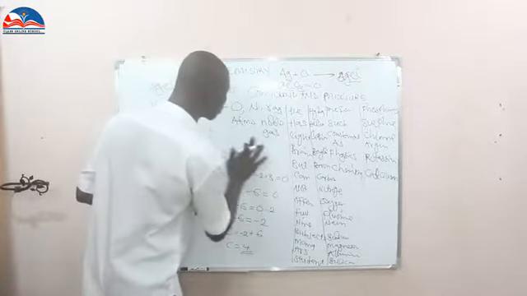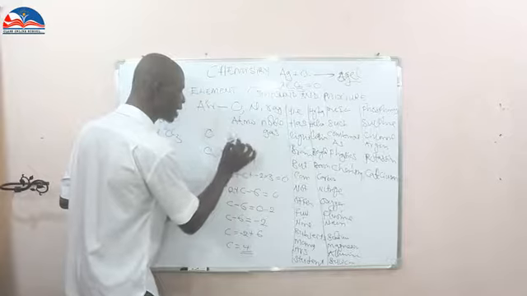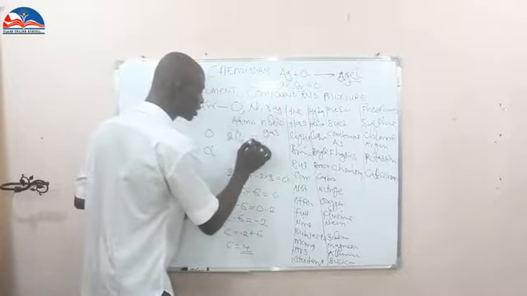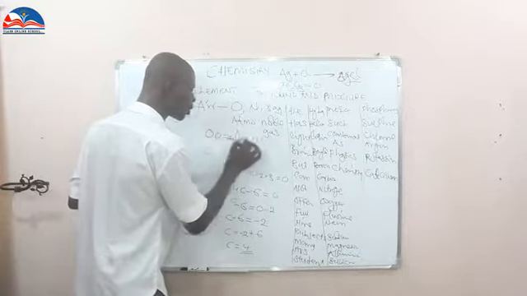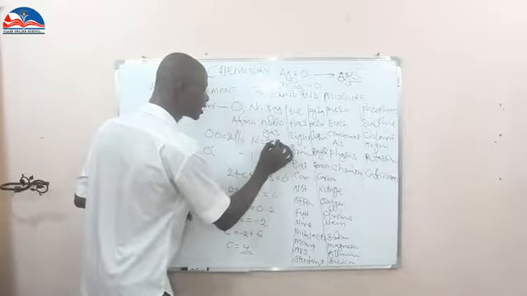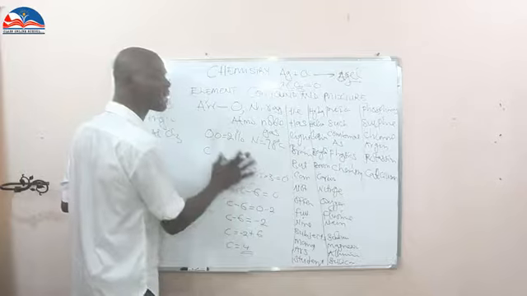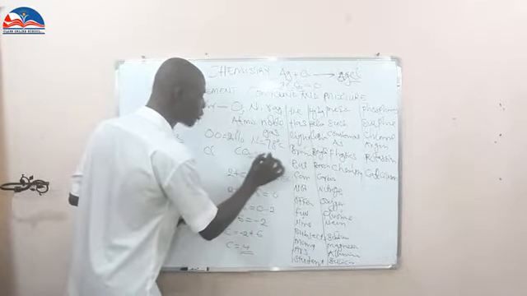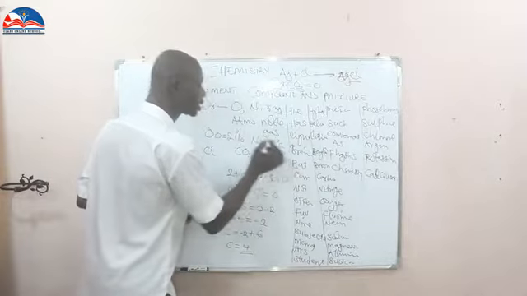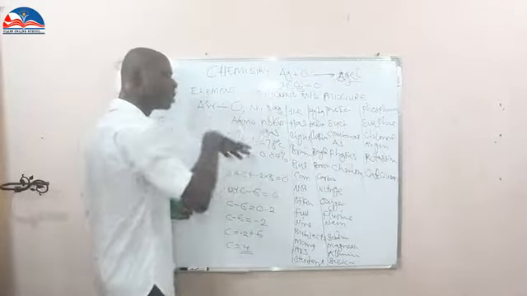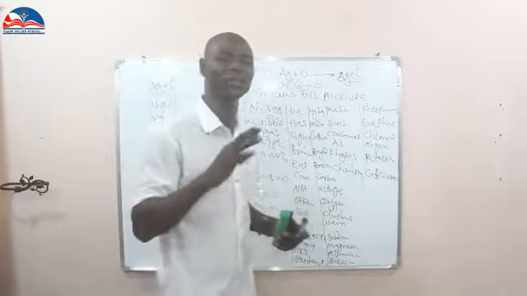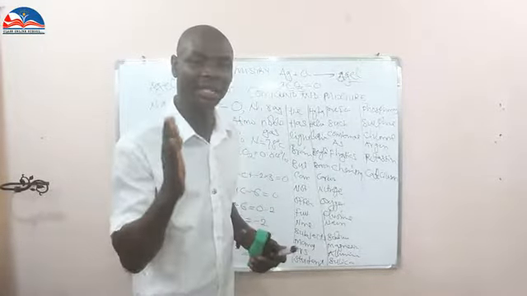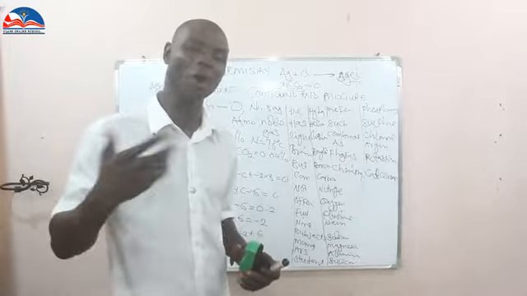So oxygen is 21% in air, while nitrogen is 78%. We also have carbon 4 oxide, which is 0.04% in air. All of them, if you use what we call a fractionating column, you can separate oxygen, you can separate nitrogen, you can separate carbon 4 oxide.